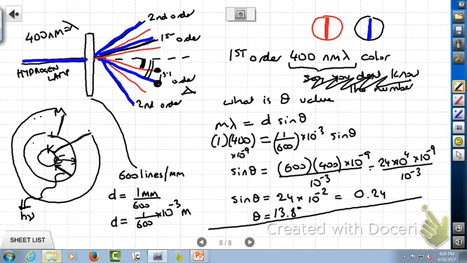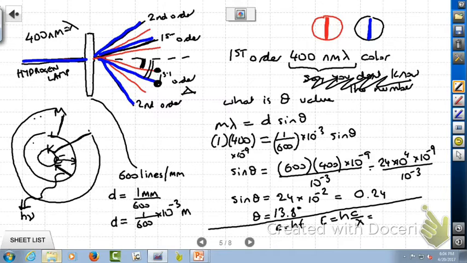Here's what you can do next. E is equal to hf. F is equal to c over lambda. So E equals h, which is what, 6 times 10 to the minus 34 or something?